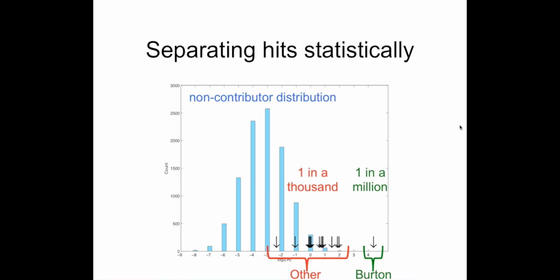So what that bell curve, that probability distribution of non-contributors, is telling us is that it's not that unexpected to see these spurious hits. But when we get to Mr. Burton, shown in green, even though his match statistic is only a little more than 4 log units, looking at the tail of that normal distribution, that tail probability is 1 in a million.